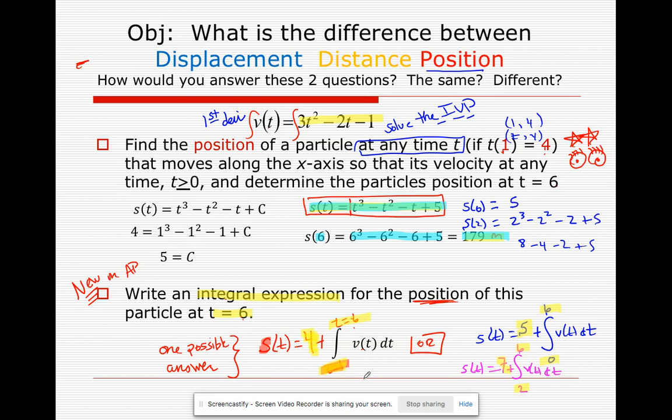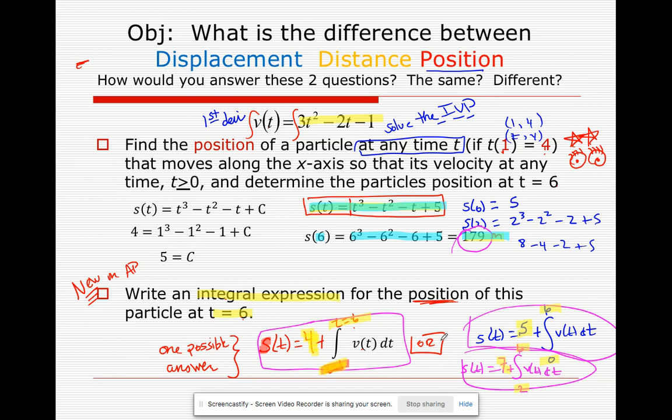Each time, you know what you're going to get? You're going to get 179. All of these equal 179.